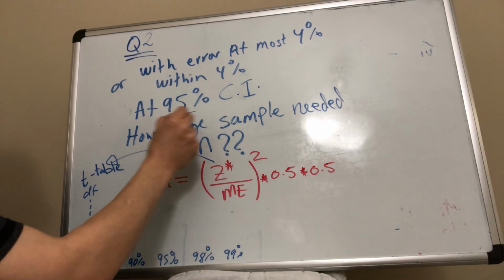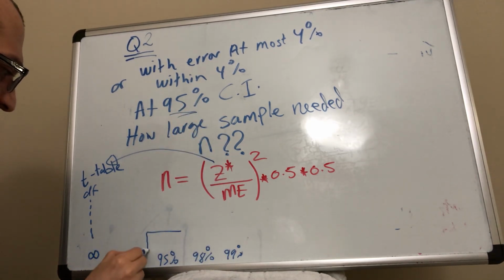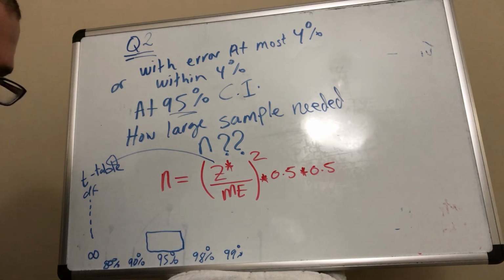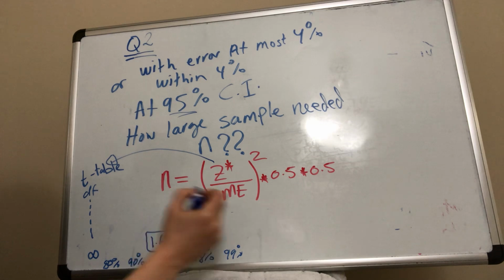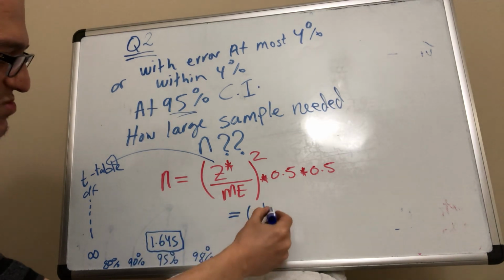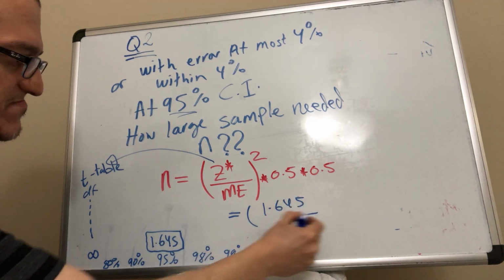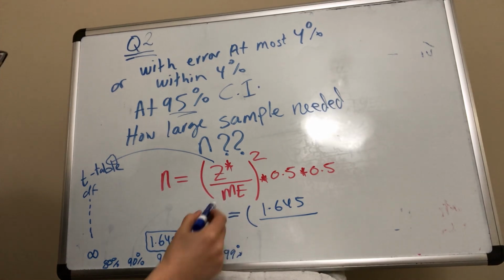They tell you 95, so you pick this number for the 95, and you'll see that it's 1.645. So your answer would be 1.645 for the z-star.